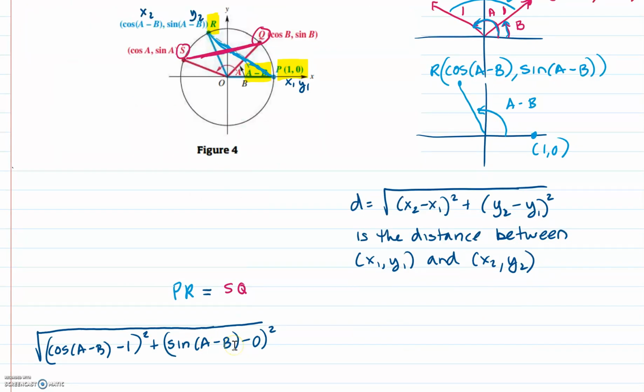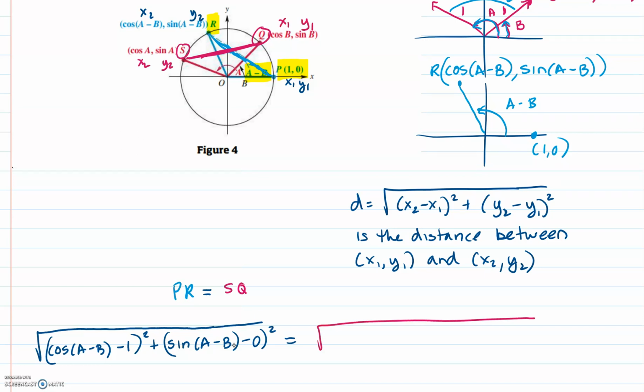And moving that down to give me more room, I'm going to now find the formula for SQ. So again, I'm going to call this x2, y2, and this x1, y1, and do the same thing.